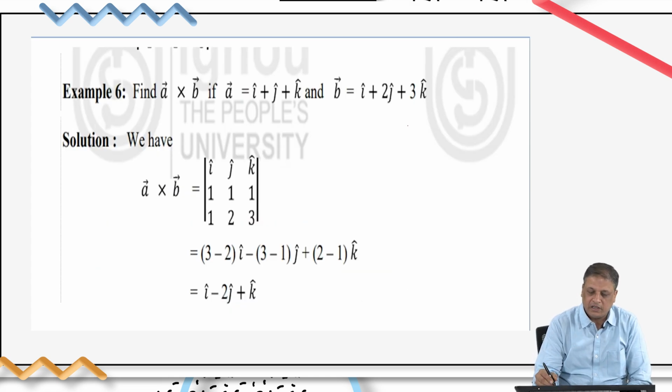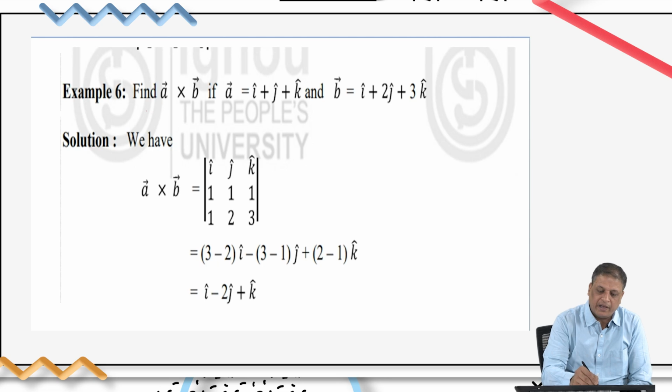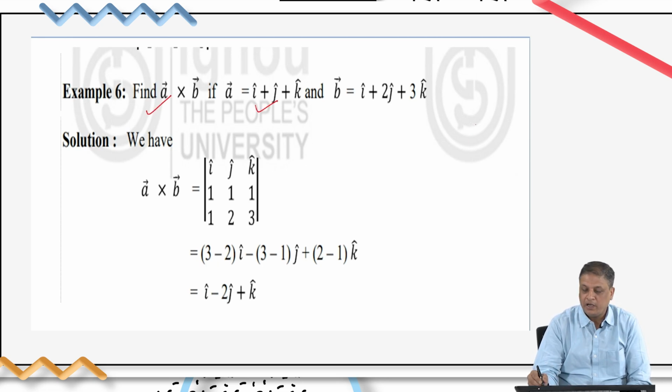So, let us apply this understanding. Find A cross B if A is equal to I plus j plus k and B is equal to I plus 2j plus 3k. We simply need to determine the value of the determinant.